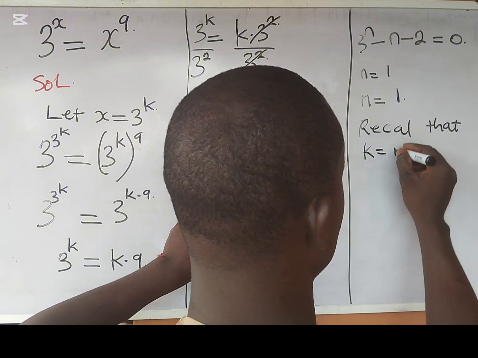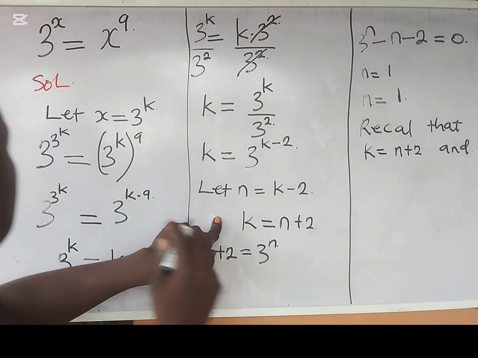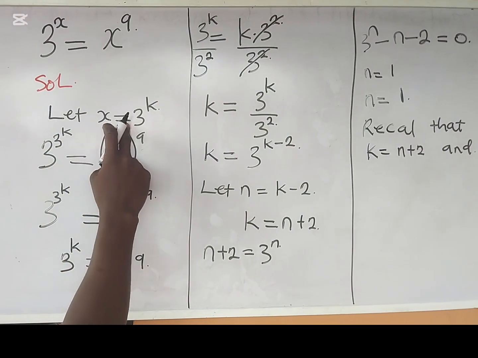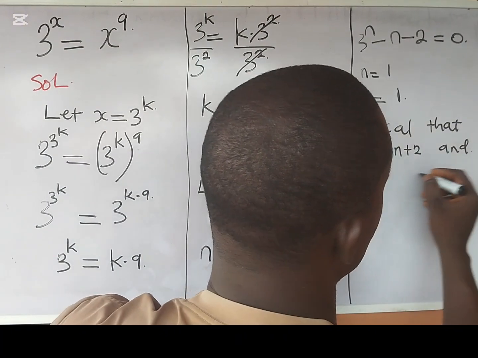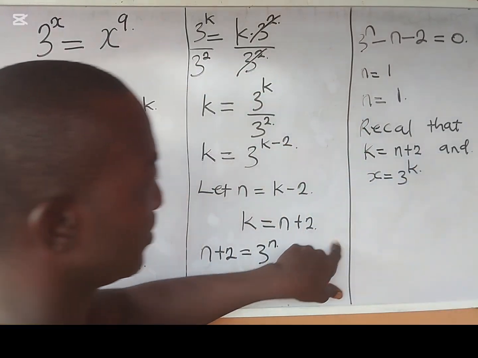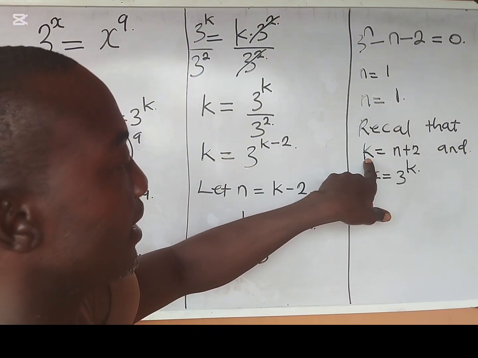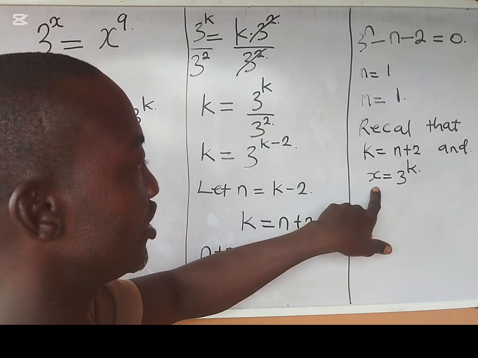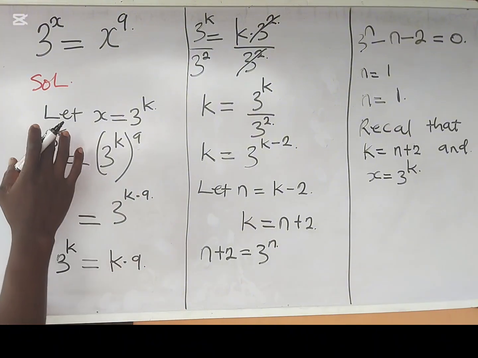And from this side, x is equal to 3 raised to the power of k. We have the value of n to be 1, so we can easily get k. And if we get k, we can finally get x, because there is a relationship between x and k from our first assumption here.